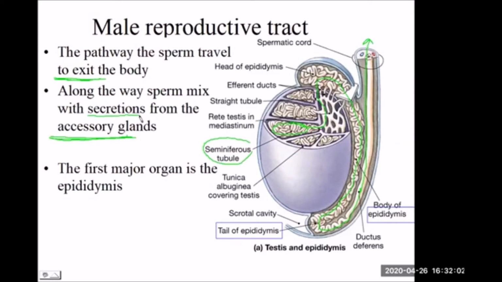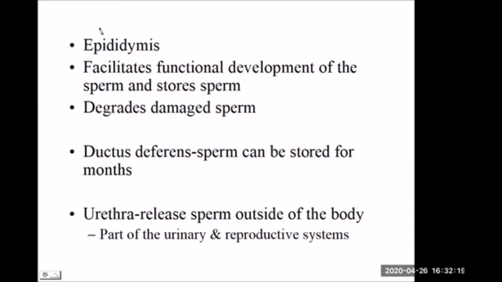Semen is a combination of the secretions and the sperm cells. So as sperm leaves out of the testis, the next organ in the pathway right here is this arch known as the epididymis. And this serves as a temporary storage site for those rapidly produced sperm cells.